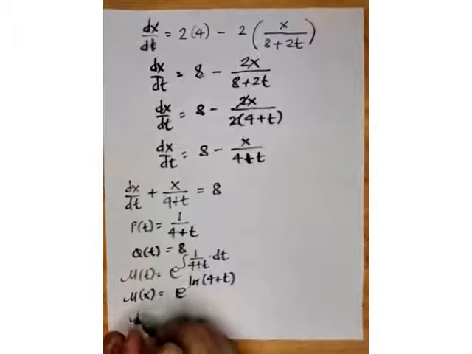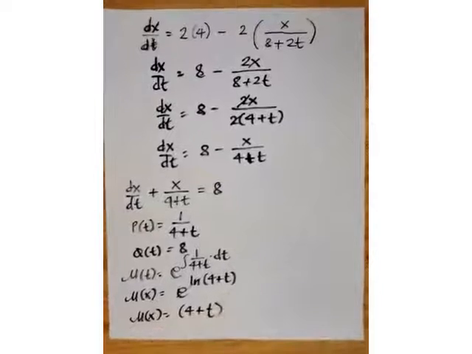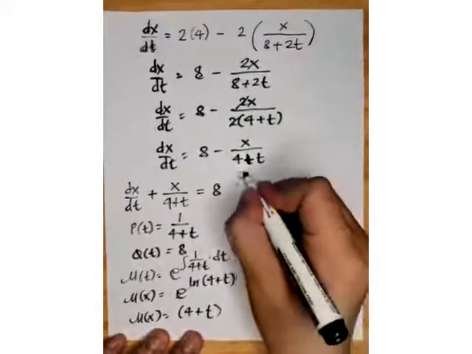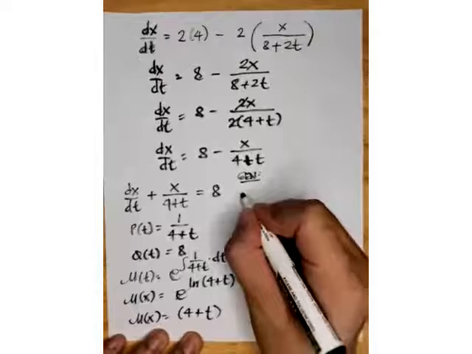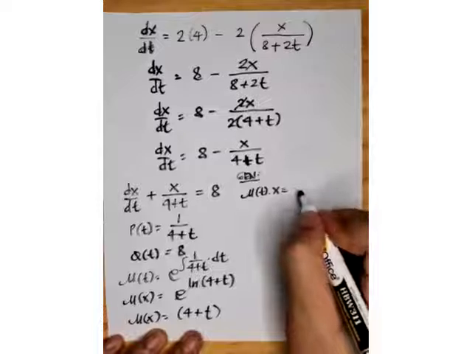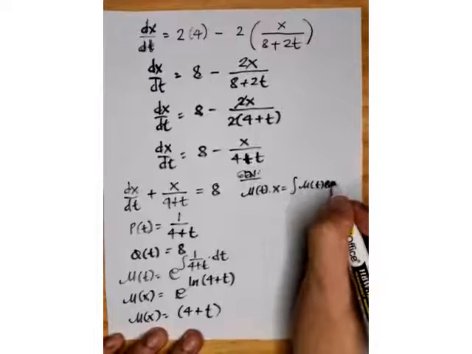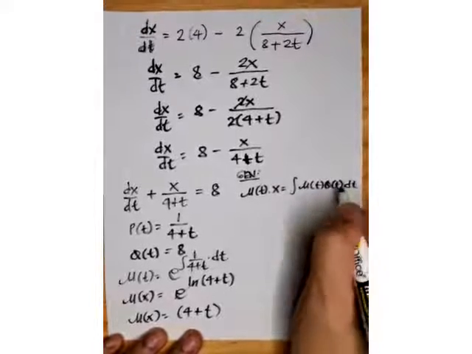Cancel that. So our integrating factor is 4 plus t. Okay, question? Okay, now let's solve the general equation natin yan ay, di ba natatandaan nyo? Mu of t times x is equal to the integral of mu of t times q of t dt plus c.